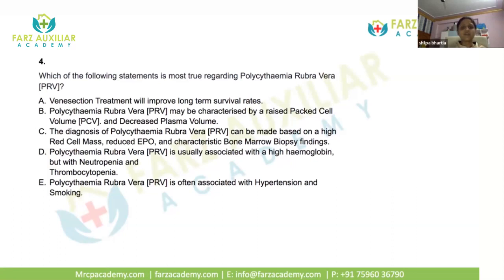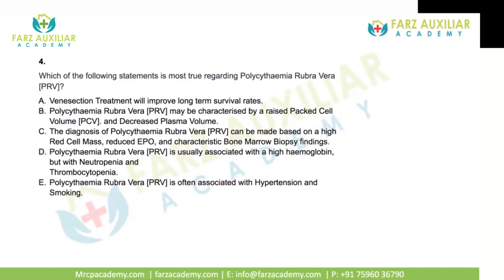Polycythemia rubra vera is usually associated with high hemoglobin, but with neutropenia and thrombocytopenia. PRV is often associated with hypertension and smoking. So which of the statements is most true?